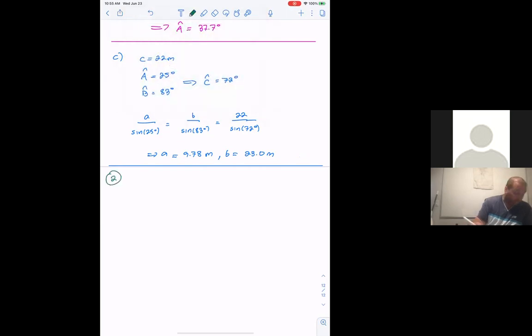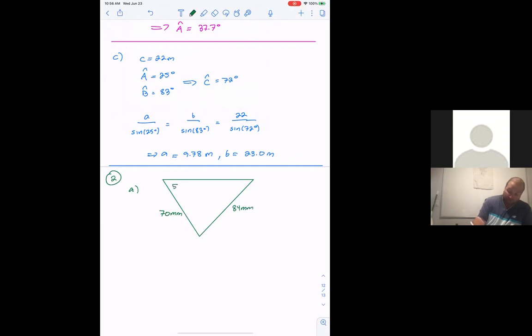Okay, question 2. It says use the given information to find all sides and angles in each triangle. So here's part A. And we got it. Oh, well, it doesn't really make a difference as long as we label it. So they have two sides, 70 millimeters and 84 millimeters.